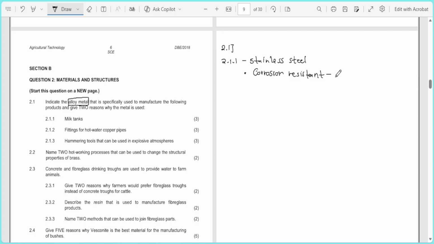Since the metal is going to be used for a milk tank, and milk contains an acid called lactic acid and the tank is often cleaned with chemical sterilizers, right?